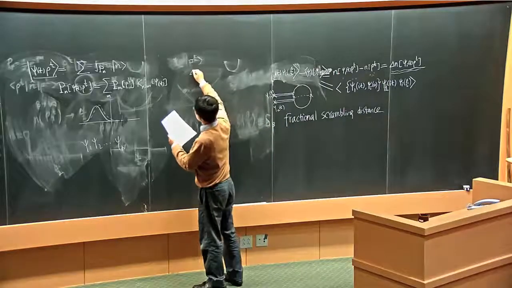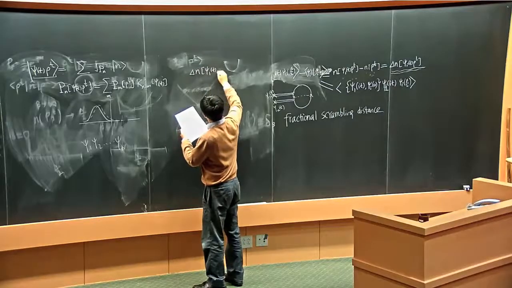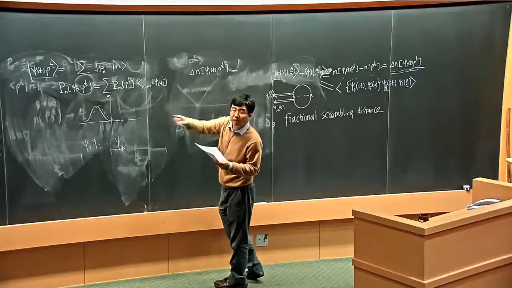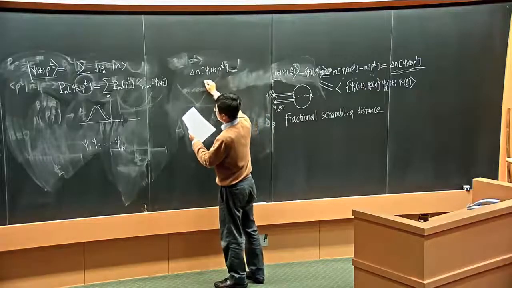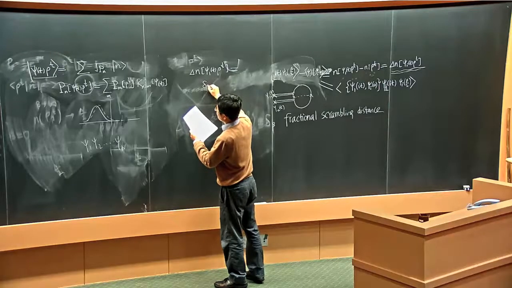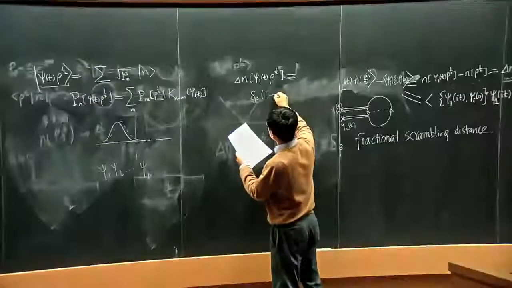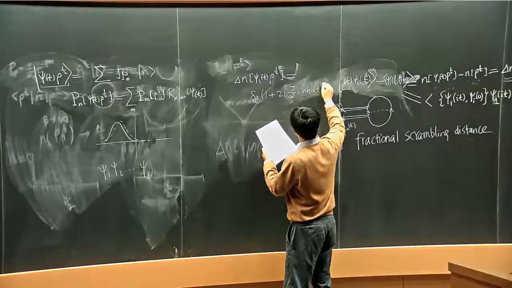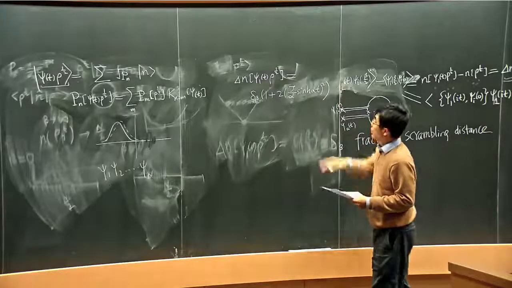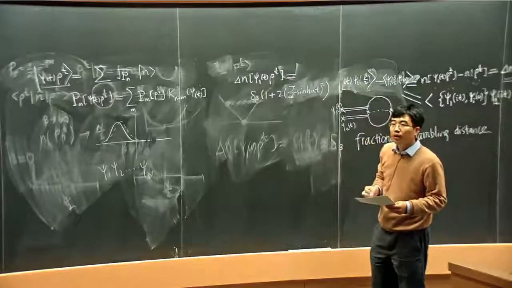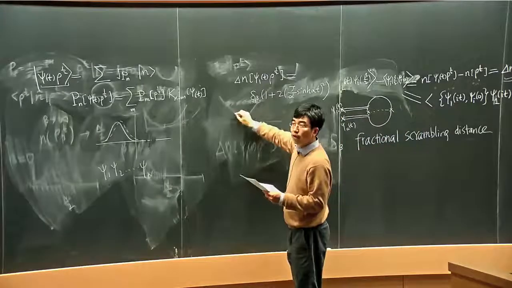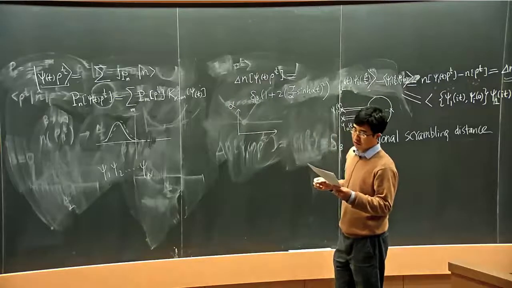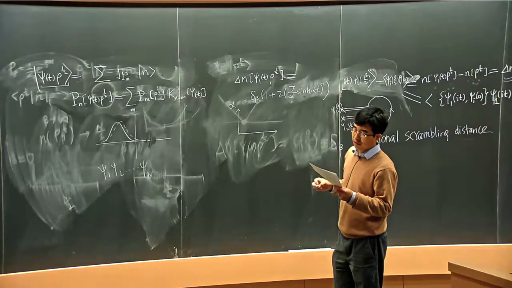So the size change that we wrote there is just given by the first derivative of the two-point function, and what we get in large Q is something like that, where this is growing exponentially, and alpha is, I think, half of the Lyapunov exponent.